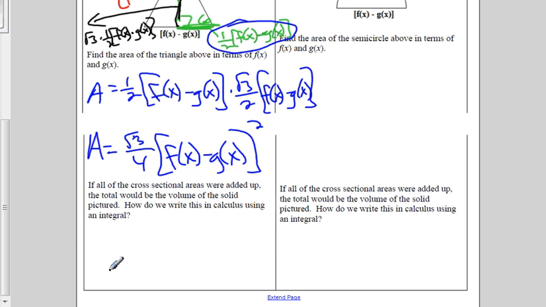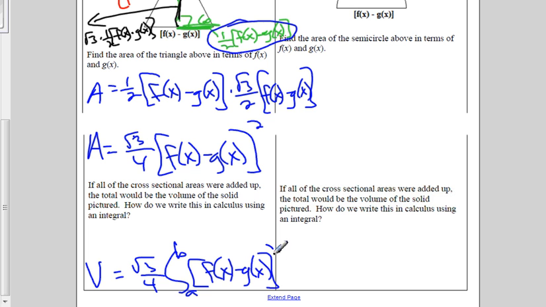So now when they want to know what the volume is, we're just going to say the volume is square root of 3 over 4 times the integral from a to b of f of x minus g of x all squared dx. And you start to notice that they're all f of x minus g of x squared. The square has no constant out in front of the integral.